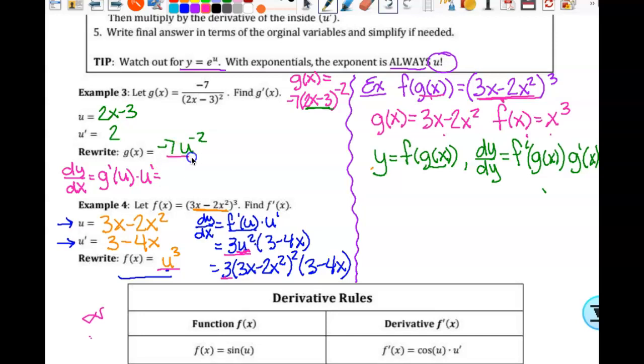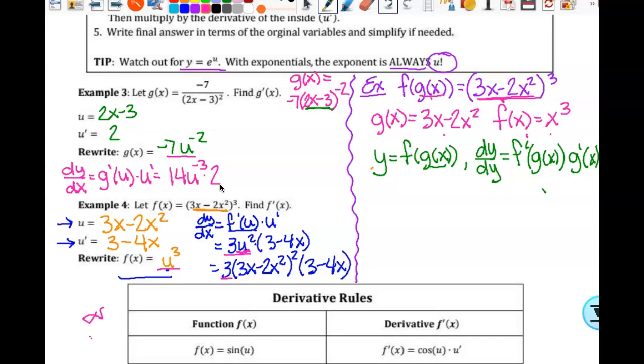So g prime of u, this right here, how do I take the derivative of that? What's that going to be? Good. 14 times u to the -3 power times u prime, which is 2. Any questions about where anything came from?